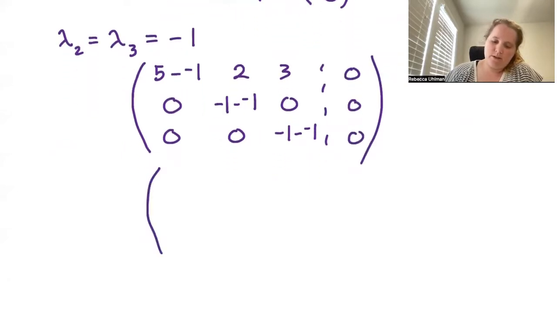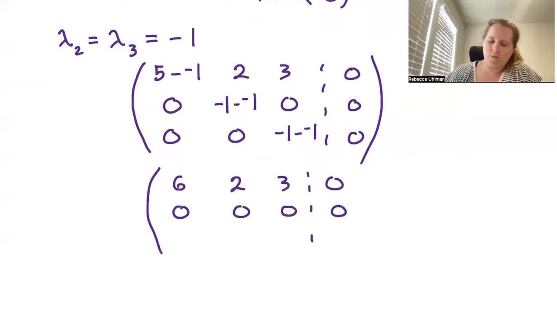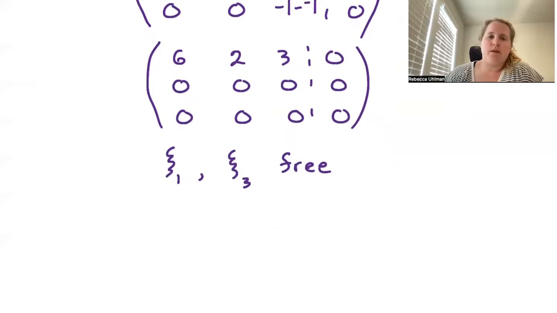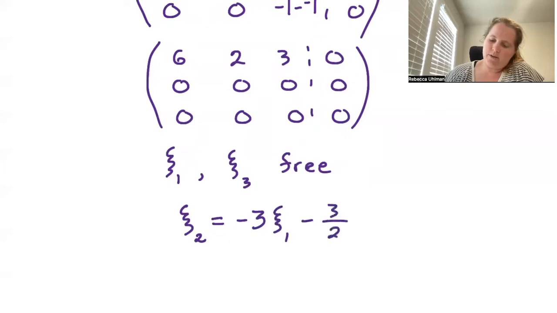This becomes 6, 2, 3, 0 for the first row, 0, 0, 0, 0 for the second row, and 0, 0, 0, 0 for the third row. So we have two free positions. I'm going to set xi1 and xi3 to be free. And we would have xi2 equal to -3 times xi1 minus 3/2 times xi3.